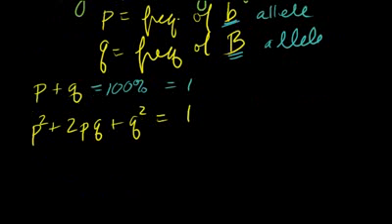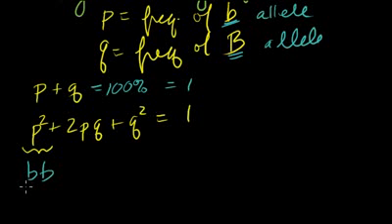What does this tell us? What is P squared? It's the probability that I get 2 of the lowercase blue alleles, that I end up with lowercase b b as my genotype.